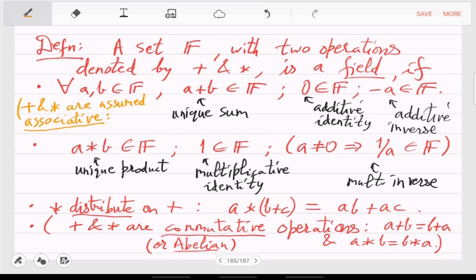So this is why we will not use parenthesis, because it doesn't matter in what order you do the computation. You do the sum or you do the multiplication. It's only for distribution that we will use parenthesis, because we have to specify whether A is multiplying only B or is it multiplying B plus C. Okay.